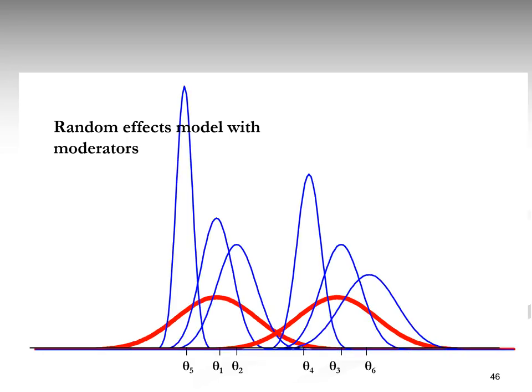Of course, on top of that variation, we still have the sampling variation. So now we have 3 sources of variation. We have variation between categories in the mean population effect sizes. We have variation within categories between population effect sizes. And on top of that, we have the sampling variation, the variation of observed effect sizes around the population effect sizes.